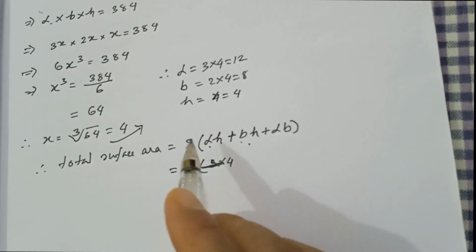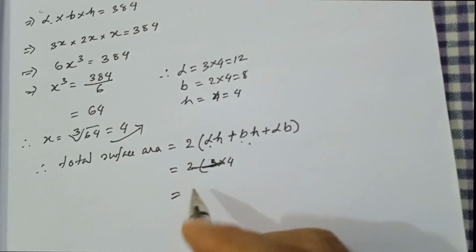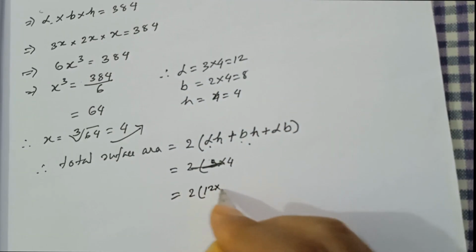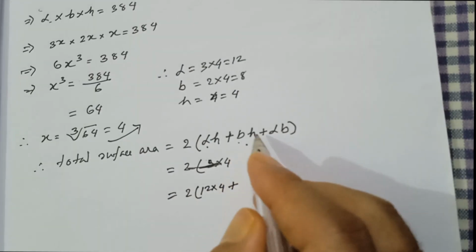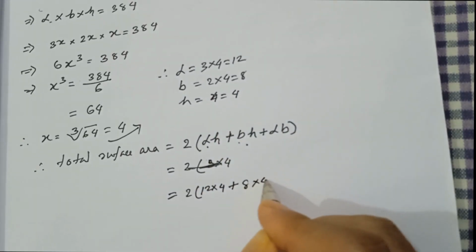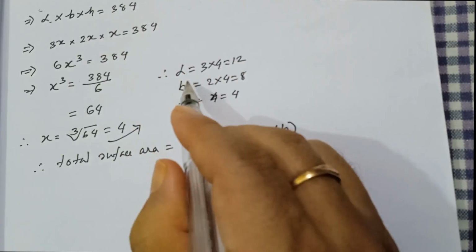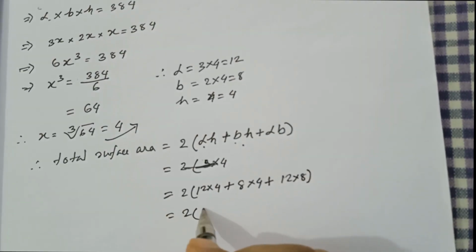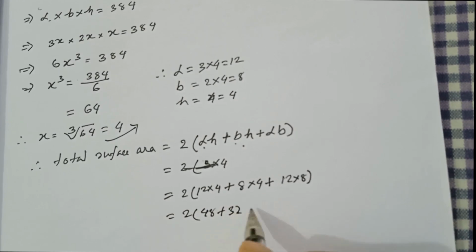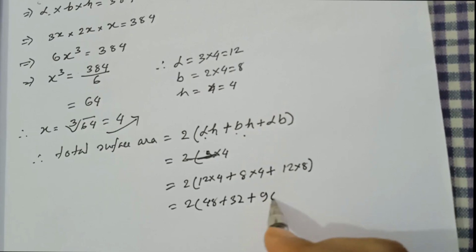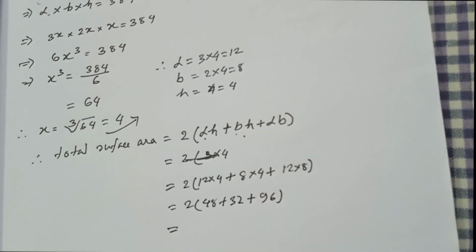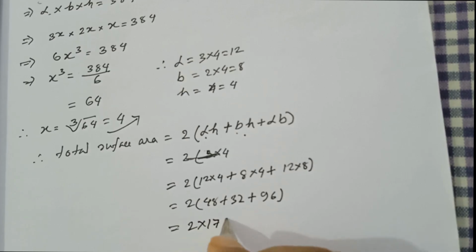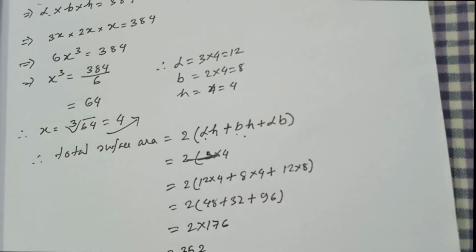Length into h, 12 into 4, plus b into h, 8 into 4, plus length into breadth, 12 into 8. So it is 48, 32 plus 96. How much is it? It is 2 into 176, 352.